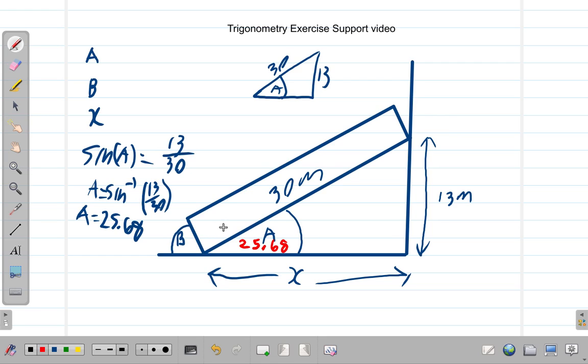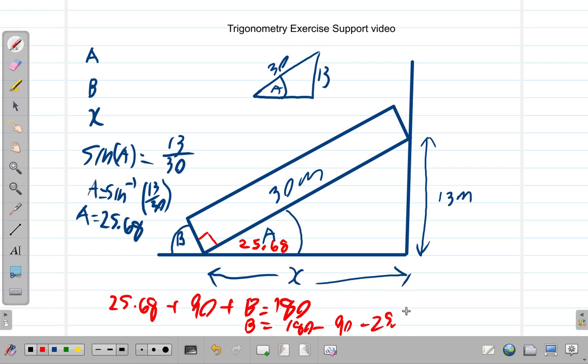Alright, let's see what happens now. This is rectangular, so this angle is right angled. And to go from here all the way around to here is 180 degrees. So this 25.68 plus 90 plus B gives me 180 degrees. So B would be 180 minus 90 minus 25.68.